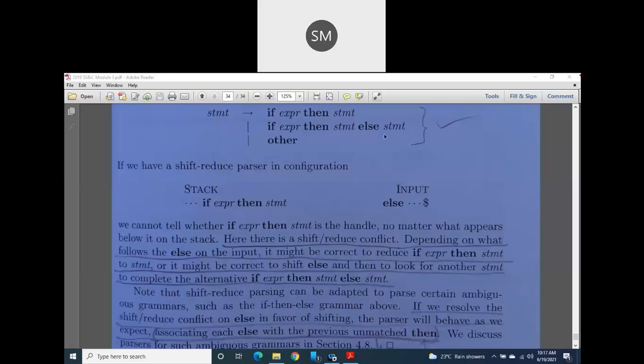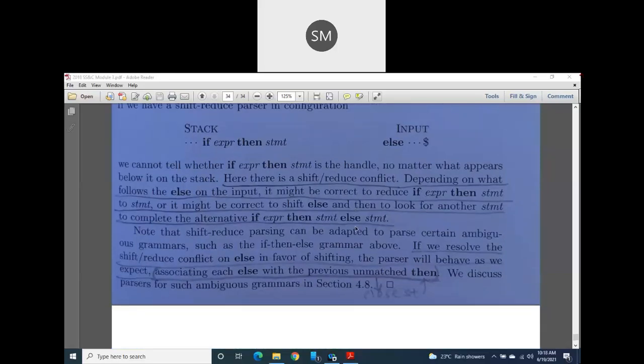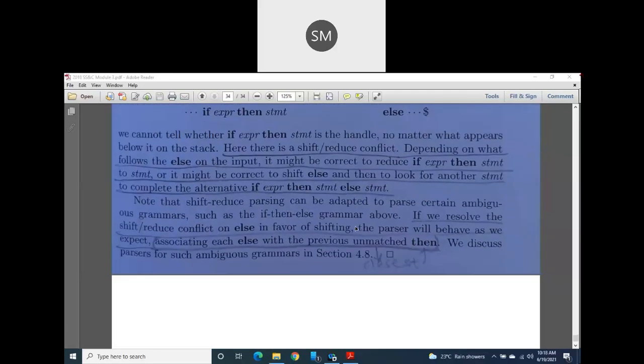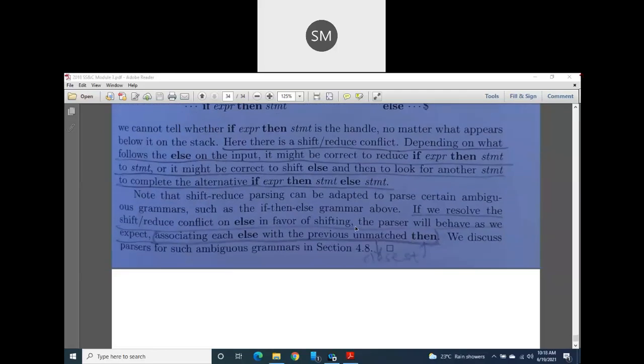One or two or three characters ahead you should look into, and then only take a decision of a reduction. First you shift them, then you take a reduction to statement. If you wait and take a decision, it will be a very good decision.